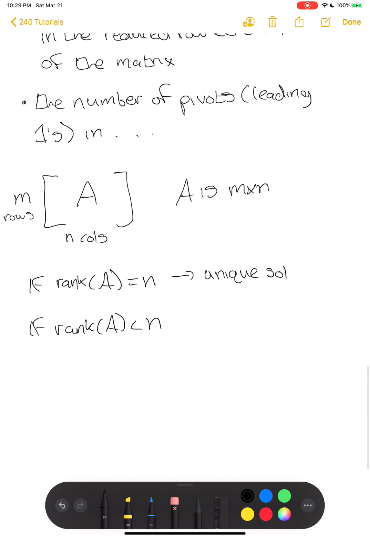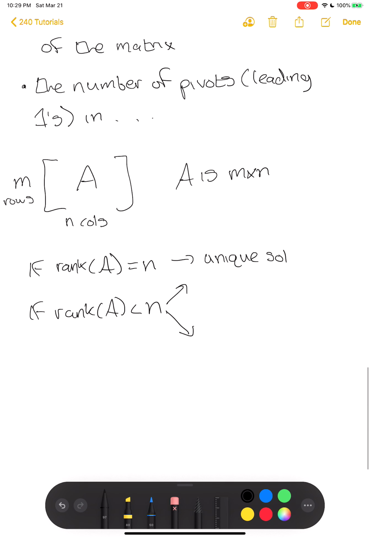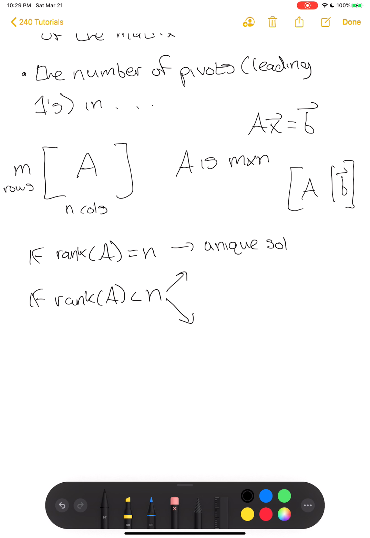So if rank of A is less than n, we can define this equation, just to make notation easier. Ax is equal to b, where b is the stuff that is augmented. So A augmented with b, like this. It's just a column vector. B can also have a notation of rank, right?